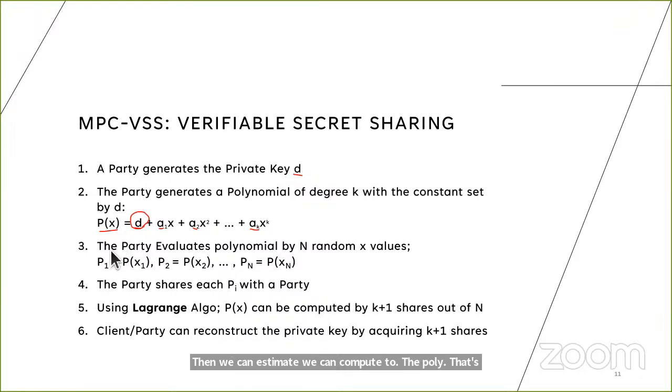That means that the dealer now generates n points out of the polynomial. So P1 is the P of x1, P2 is P of x2, and Pn is P of xn. And then each point will be shared with one party.